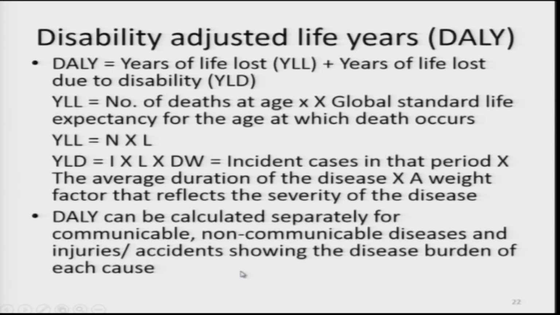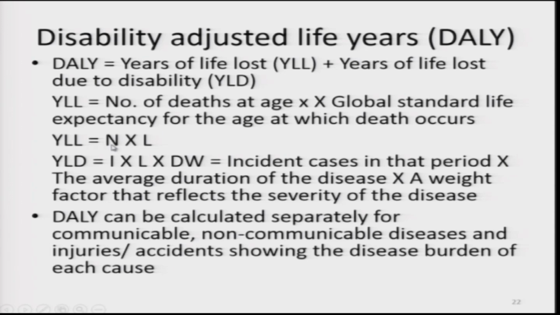These days we are calculating not simply expected life, but disability adjusted life years, DALY, which is defined as DALY equal to YLL, years of life lost, plus years lost due to disability.